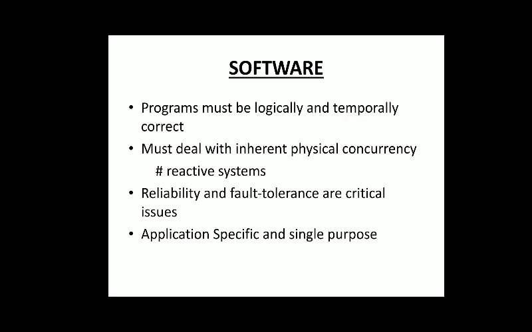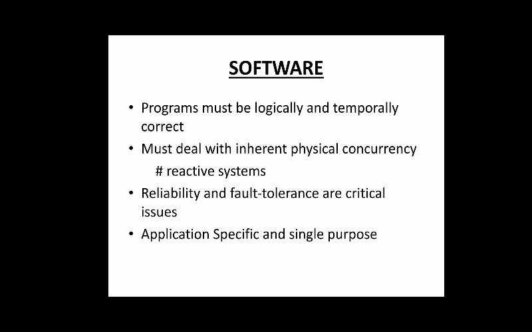Reliability and fault tolerance. The system must be reliable, otherwise people won't use it, because there is a low possibility that it will succeed. Suppose the ATM machines that we use generally were not reliable, and the money would not be dispensed 50% of the time.